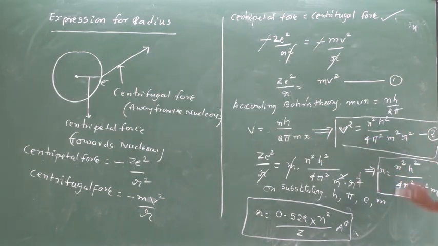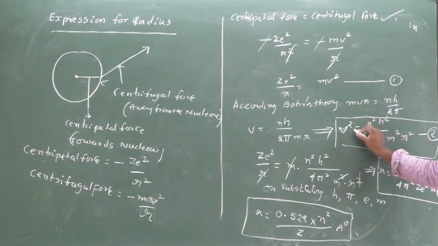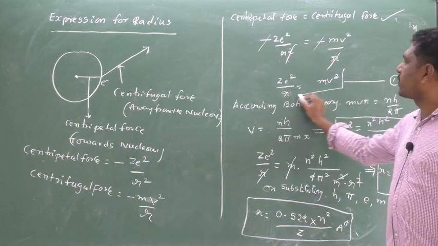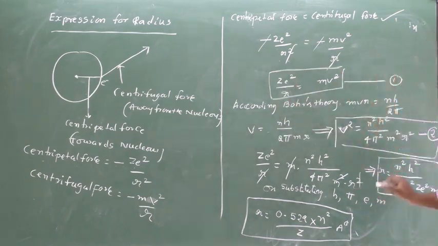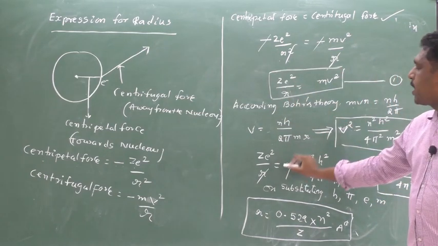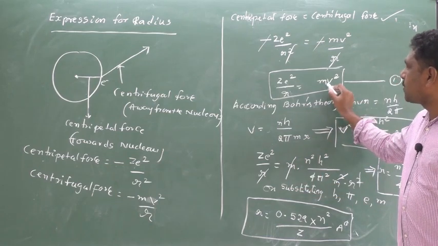This is equation number 2. This v square value is substituted in the first equation, so we get Ze square by R equal to m into v square.